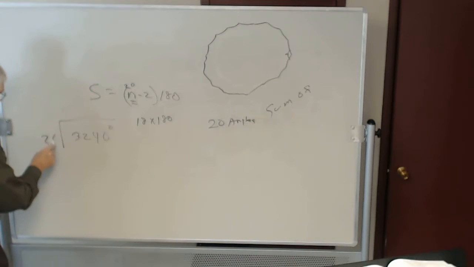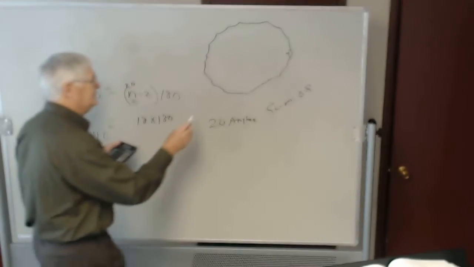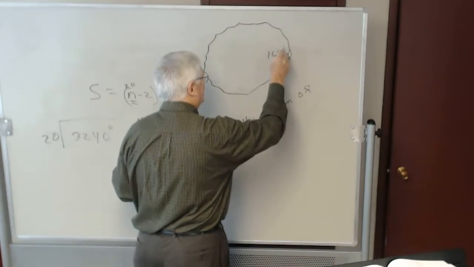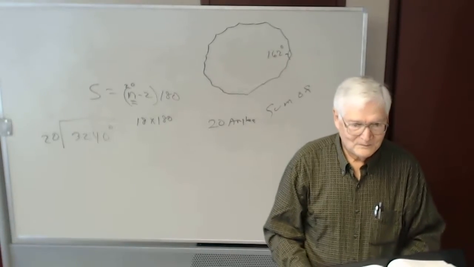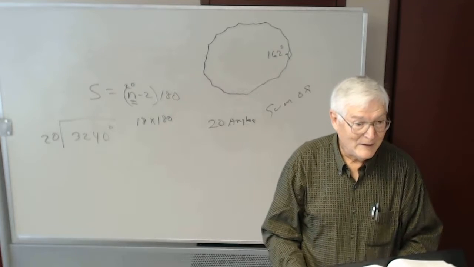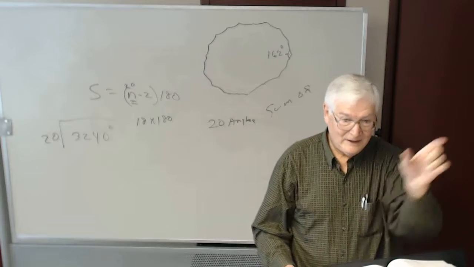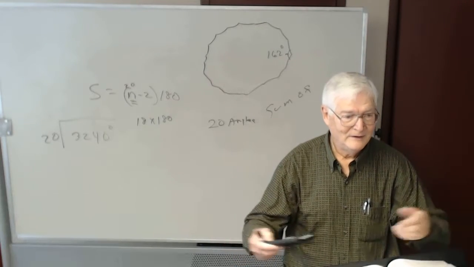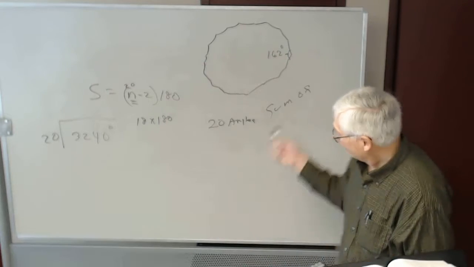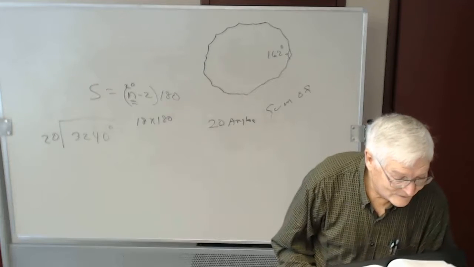If I divide by 20, because there's 20 angles, I get 162 degrees for that angle. So now I can take my protractor and go around to 162 and make all my sides the same length and draw a picture of that on a piece of paper, so I wouldn't look as sloppy as the one I tried to draw up here. Is that cool stuff?